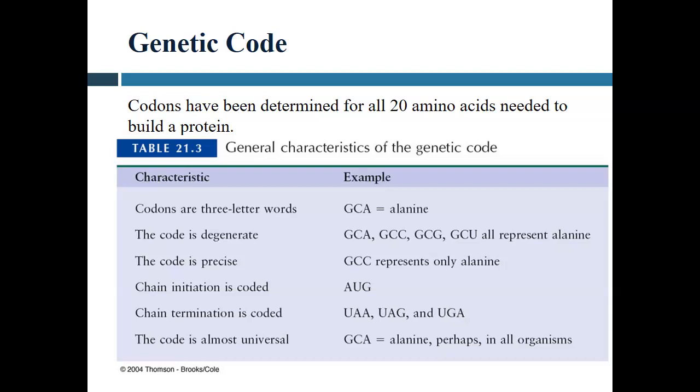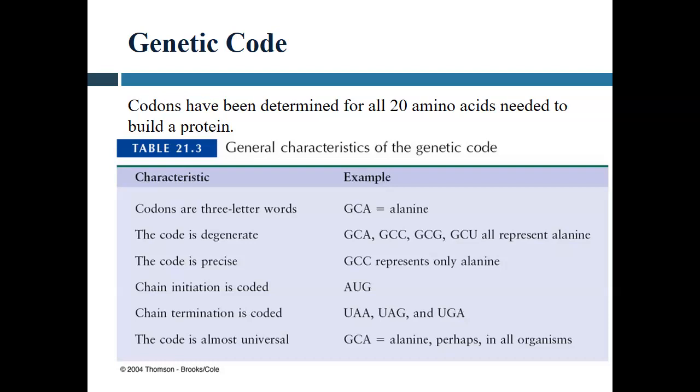Now, what's also important, just like we saw in the animation, where there is an initiation stage and a termination stage, there are initiation and termination codons as well. So chain initiation will always start with AUG.